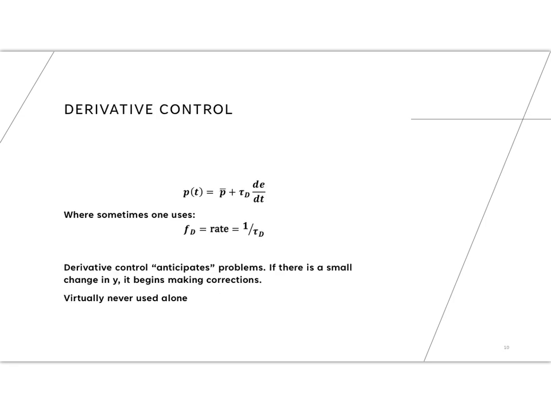Derivative control is going to be another one of those that's basically not really used on its own, but the idea is that it sees the system is going along fine and suddenly it starts to increase or starts to decrease.